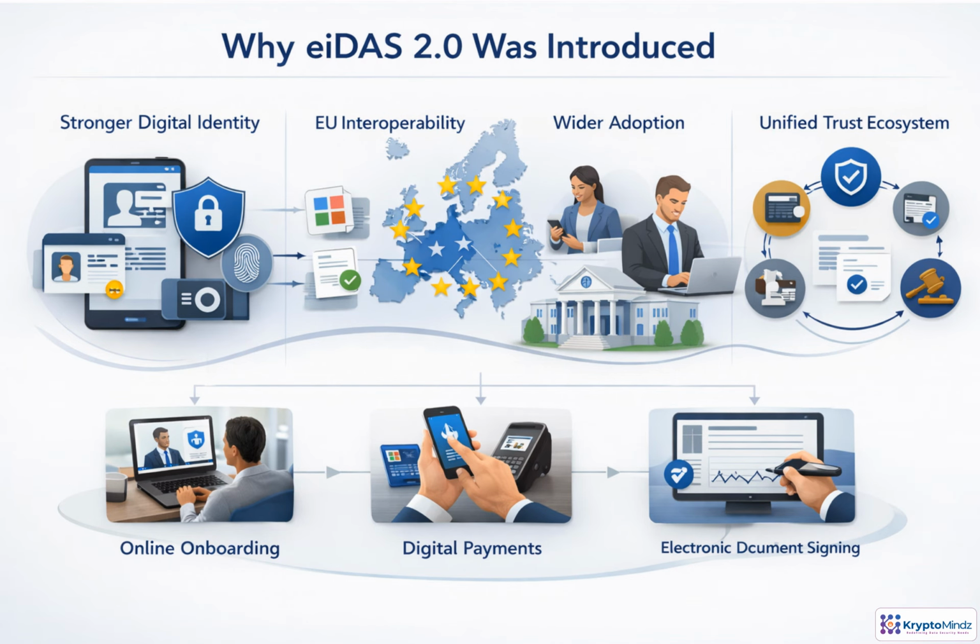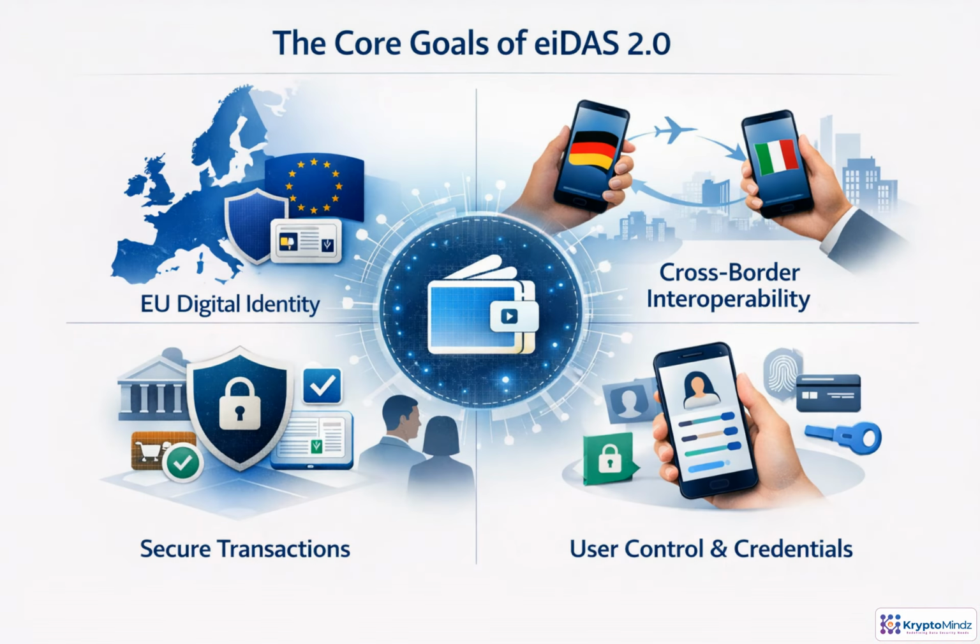The reason for eIDAS 2.0 is straightforward: make digital identity work better in real life. That means easier to use, accepted across borders, trusted by more organizations, and ready for online onboarding, payments, and signing. At its core, eIDAS 2.0 is about making digital identity work as reliably as a passport, but online.